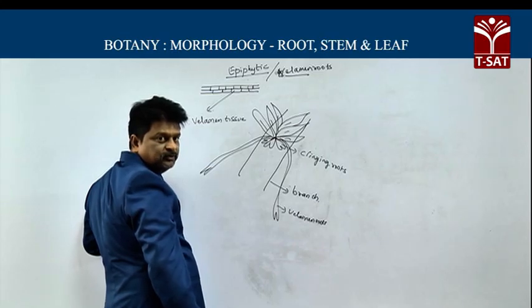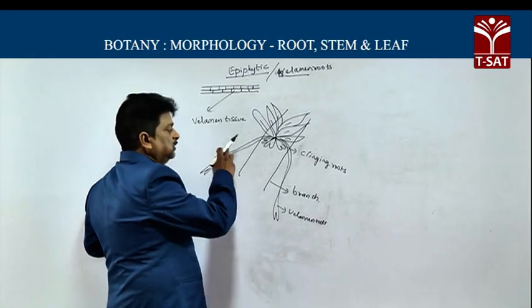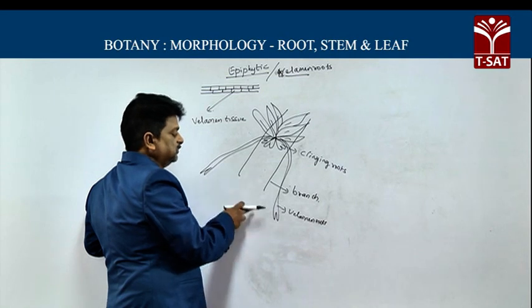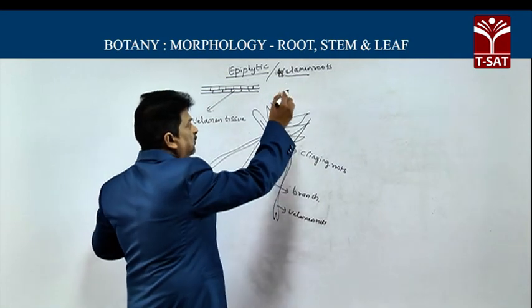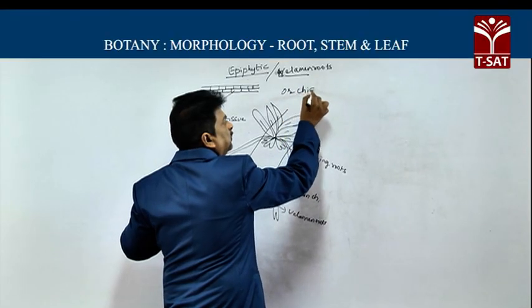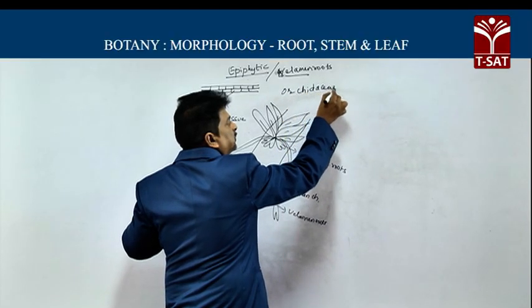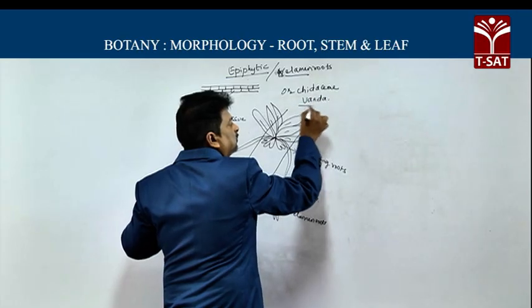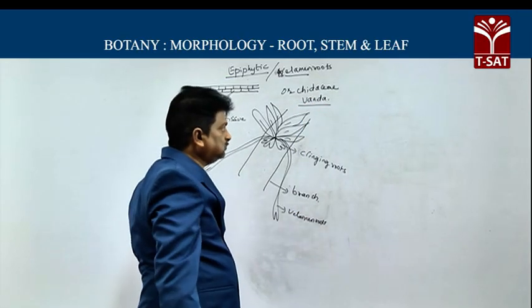They do not take food or minerals or water from the host. So it is not a parasite, and it is an epiphyte. It takes only shelter from the host, and most of the epiphytes belong to family Orchidaceae. Example for these velamen roots, Vanda.